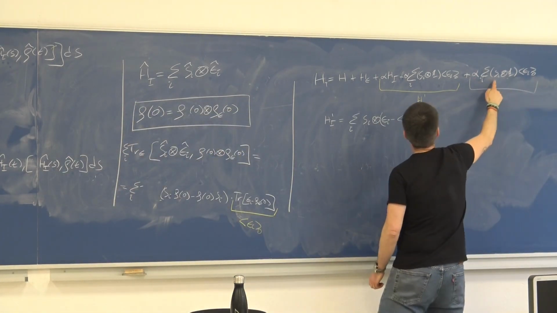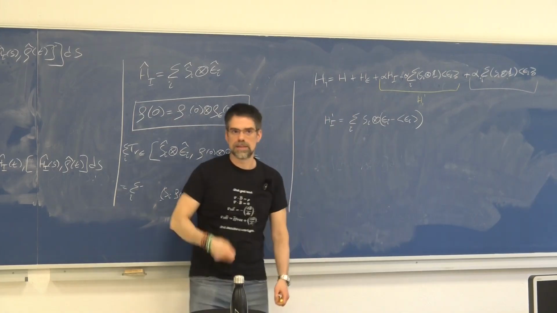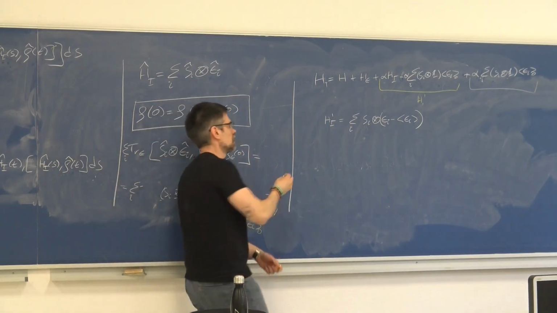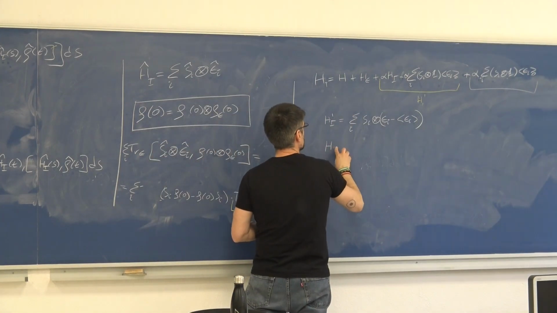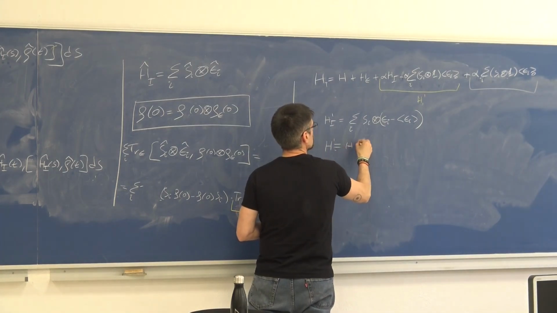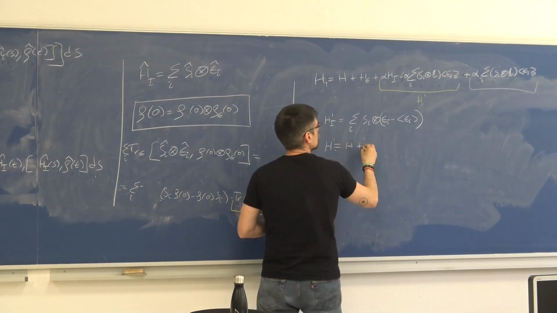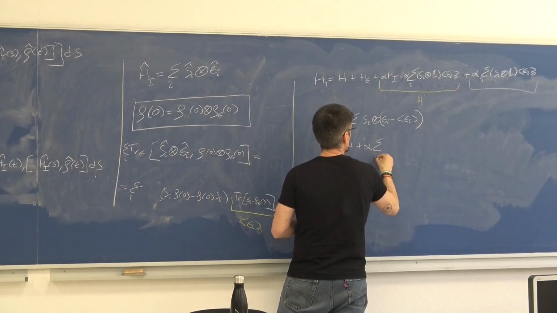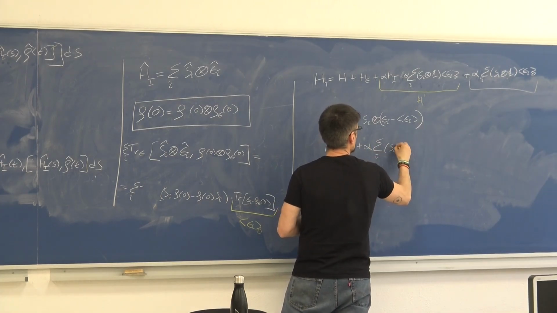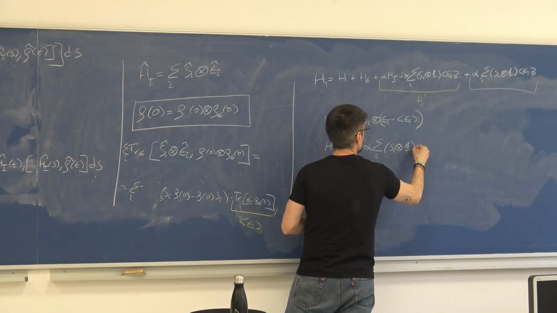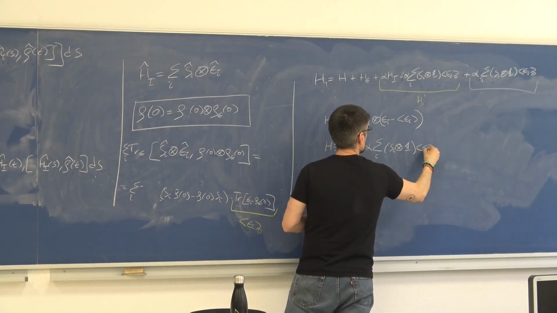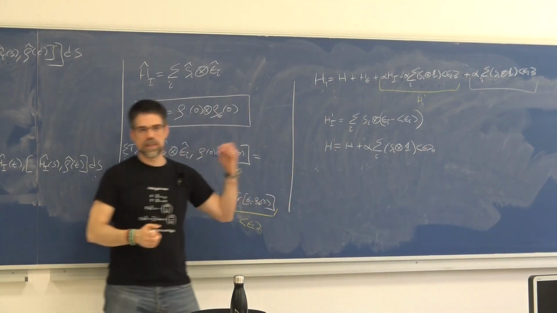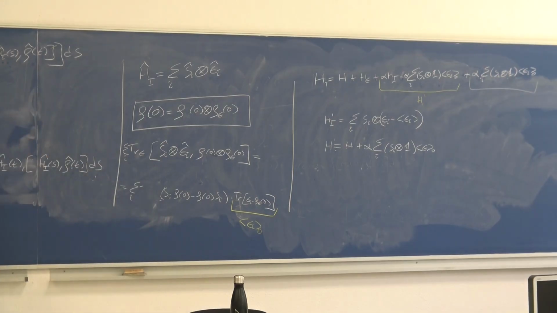But as this is an operator only in the system Hilbert space, I just absorb it in the system Hamiltonian. This is where people say that this does not affect the system because it's just a shuffling of the energy levels.